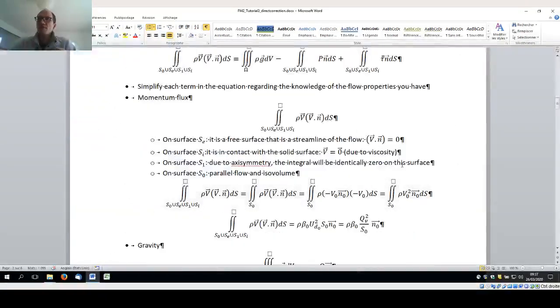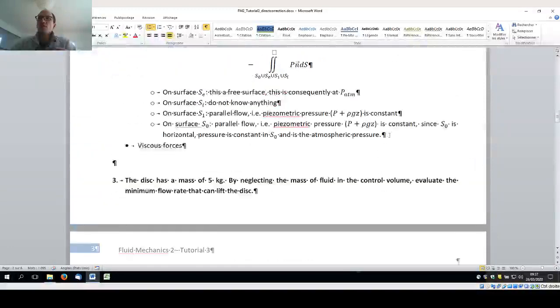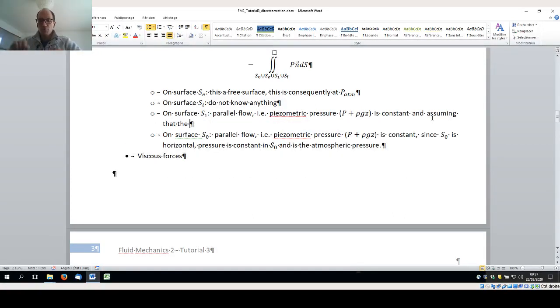So what we can say is that in S1, piezometric pressure is constant, and assuming that the water jet is very thin in section S1, we can approximate that the pressure is almost constant.